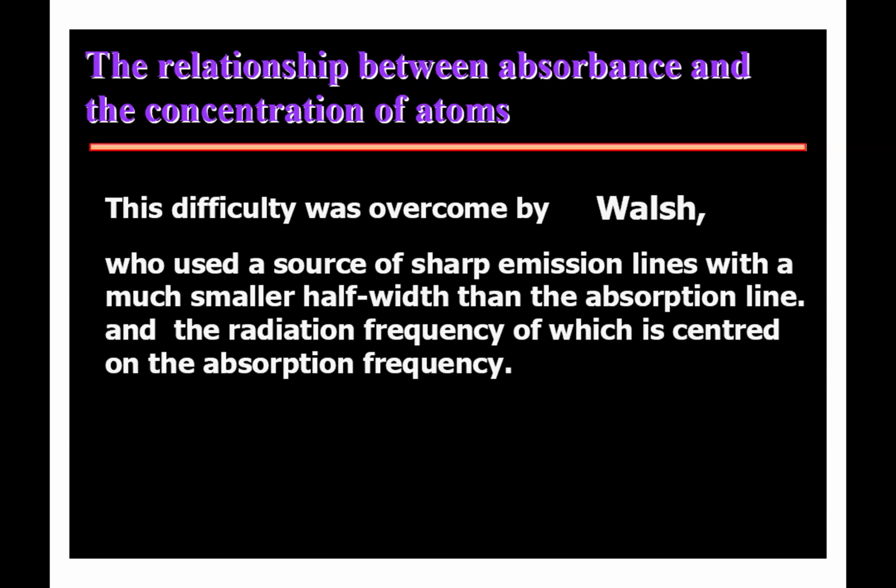Every line with whatever element will have that window. So he realized he had to come up with this. He used a source of sharp emission lines with a much smaller half width than the absorption line. And that simply means the radiation frequency should be centered on the absorption frequency. The amount of light should be absorbed within that window.